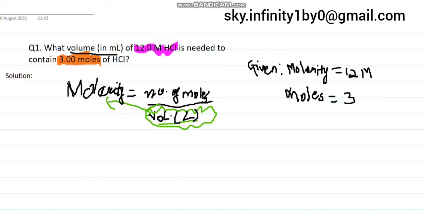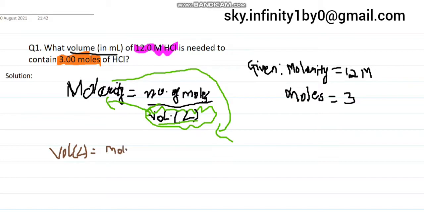So we bring the molarity to the right hand side as the denominator. So the places get interchanged. So let's rewrite the equation. Volume, that is in liters, is equal to number of moles upon molarity.